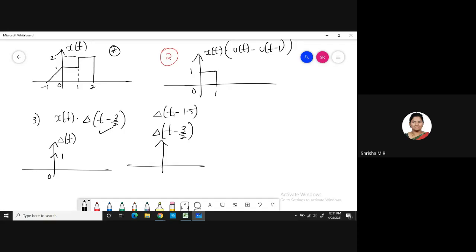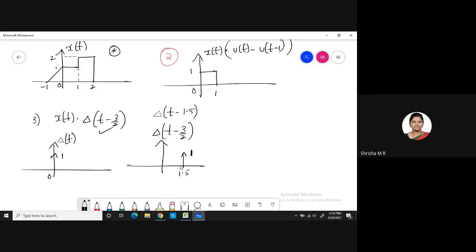Delta of t minus 1.5 means where it will exist? 1.5, ma'am. K is negative, correct? So if K is negative, it is right shifting. That means the signal will occur at t is equal to 1.5, or you can say the signal is occurring 1.5 seconds late. Got it?